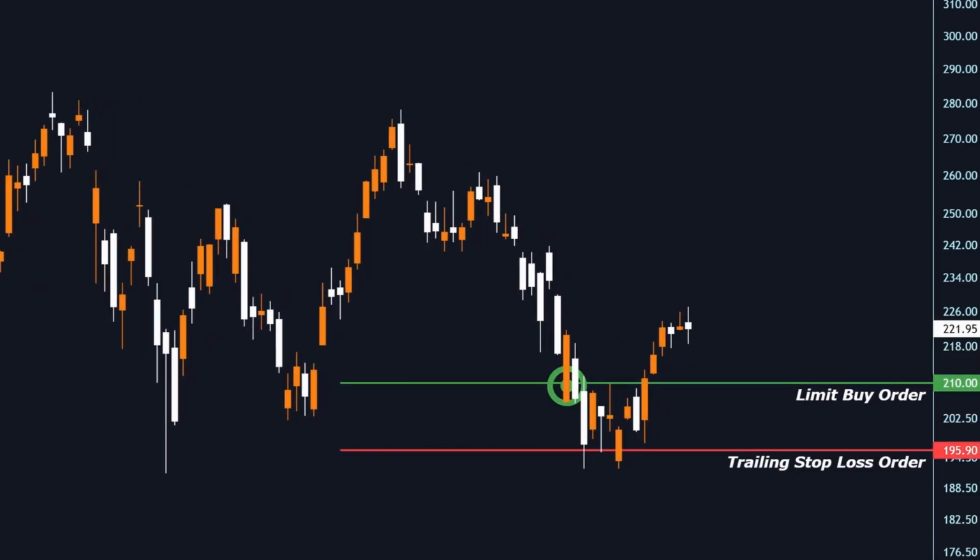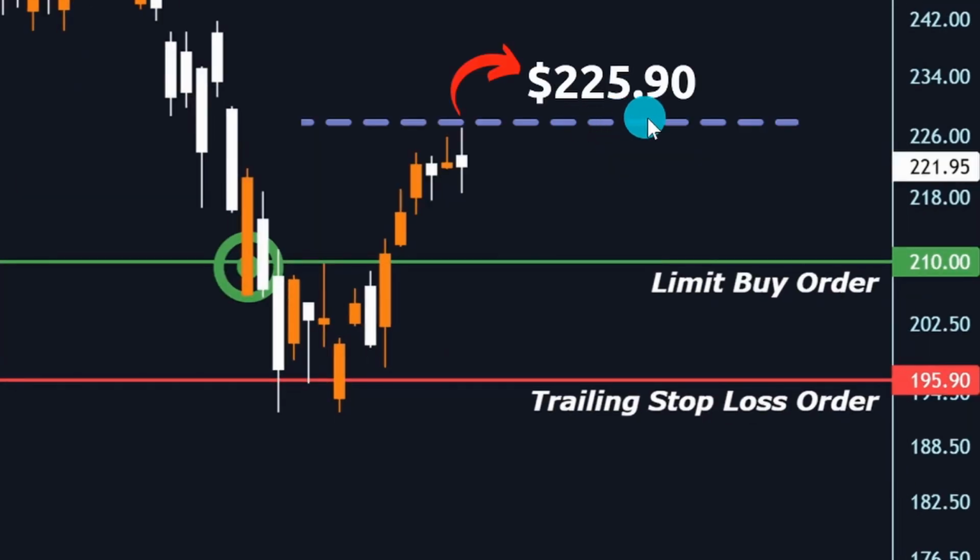All right, let's pause it right here. You started to see the trail stop loss move. So the actual thing started to move, and that's because our new local high from where we bought is now at $225.90. So we ended up buying at $210, but then the stock started to go up, and that's what pulled the trailing stop loss order up.